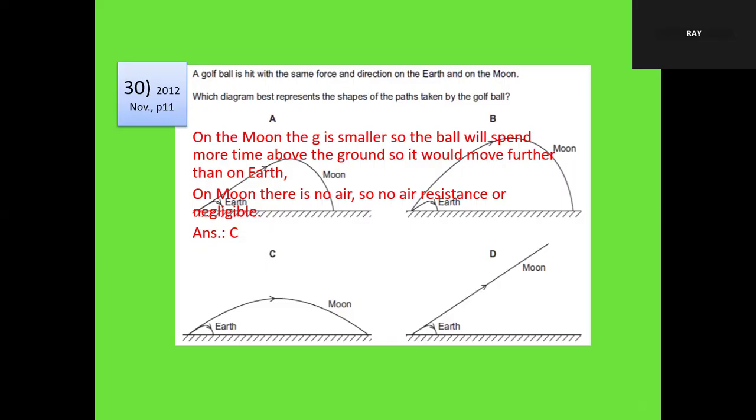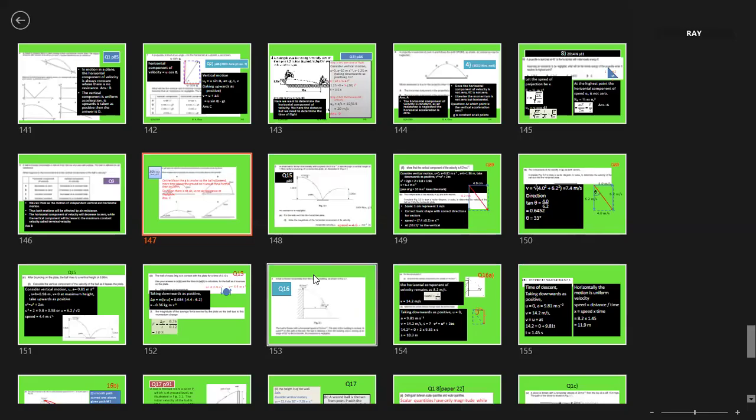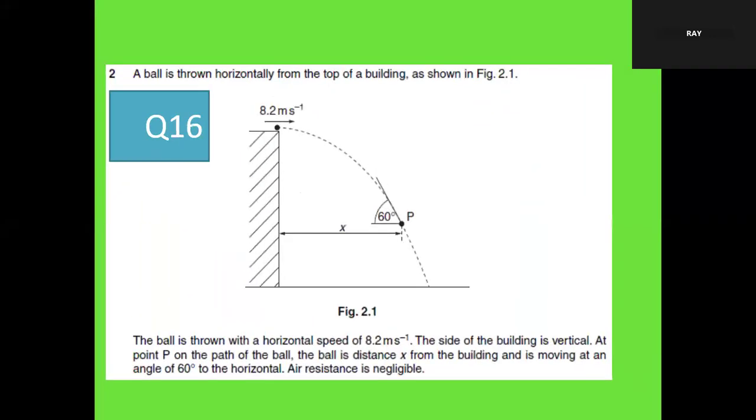Okay, let's do some paper 2 questions. Let's try number 16. A ball is thrown horizontally from the top of a building as shown in figure 2.1.